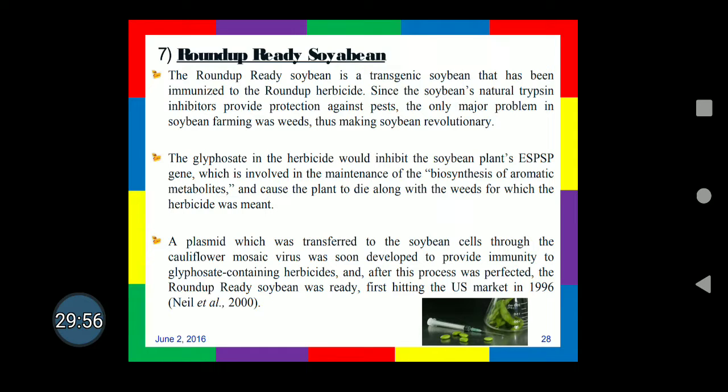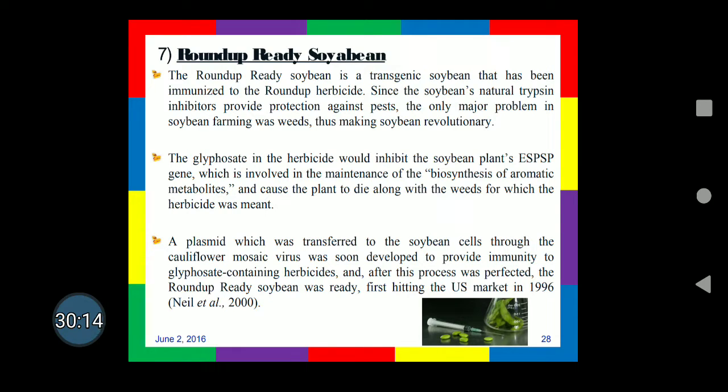Glyphosate is a herbicide that could inhibit the soybean plant's EPSPS gene, which is involved in the biosynthesis of aromatic metabolites, which causes the plant to die along with the weeds.